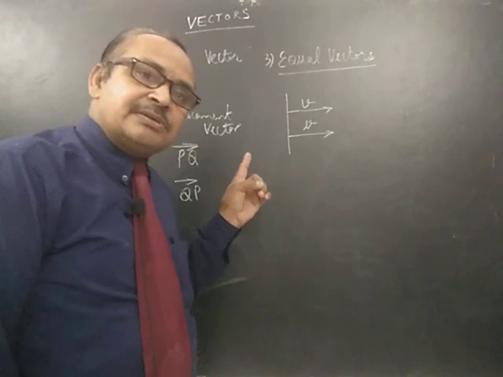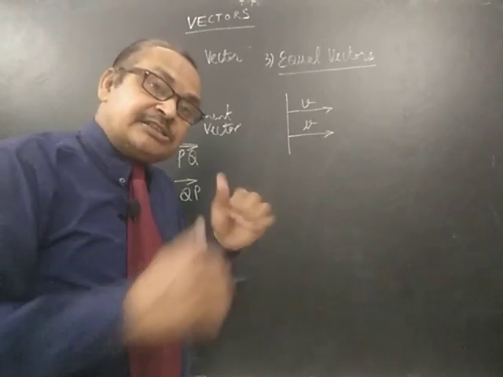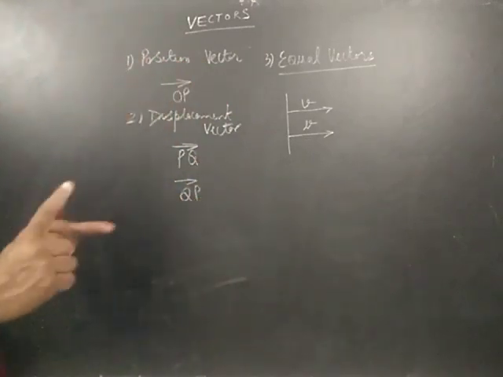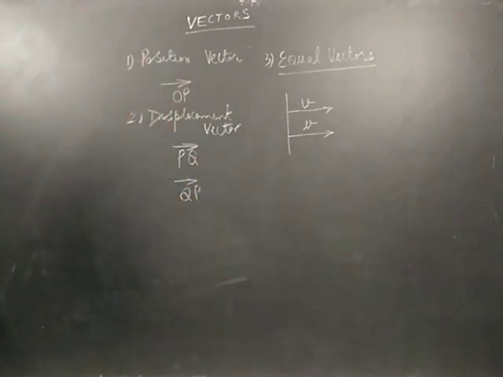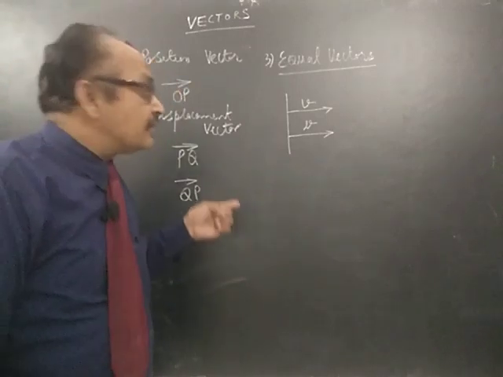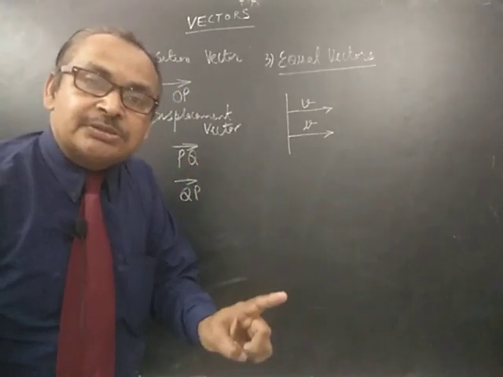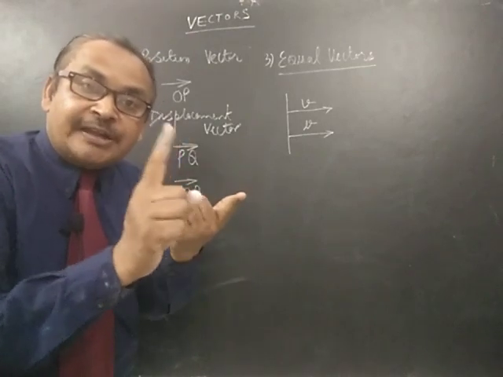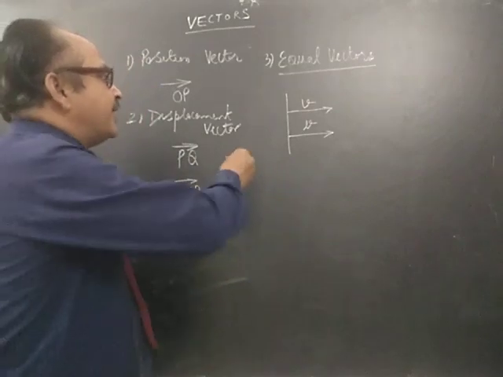Magnitude is same, but direction is opposite. Very good. That means the negative of a vector is the vector itself, having the same magnitude but opposite direction, not different direction, opposite direction.